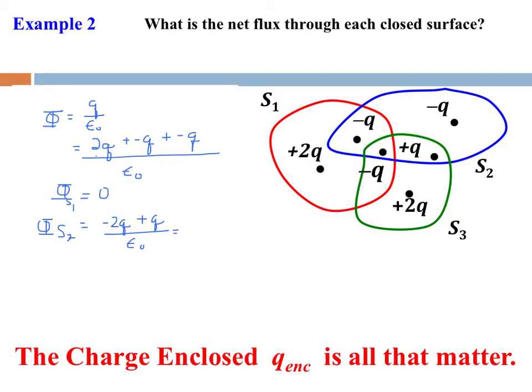So our flux is a negative Q over epsilon naught. And the flux of our third surface is 3Q. We have 2 positive and another positive charge plus a negative charge. So we have 2Q over epsilon naught. Again, all we're concerned about is the charge enclosed by the surface that we're trying to solve the flux for.